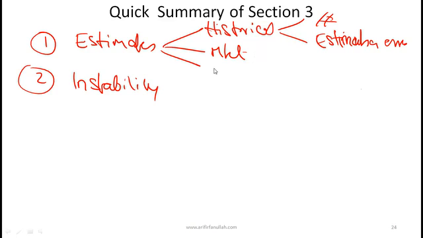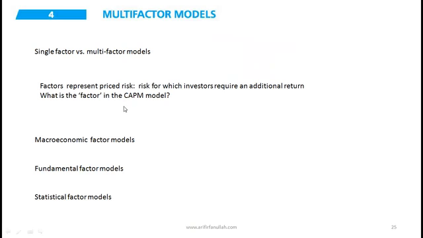And the third one was, so market model used historical beta. Then the third was, rather than using historical beta, you use adjusted beta. And then what's the instability issue? All this says is that the minimum variance frontier, and hence the efficient frontier, is very sensitive to the inputs that we use. Okay.